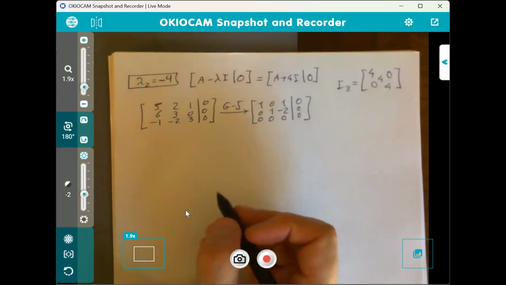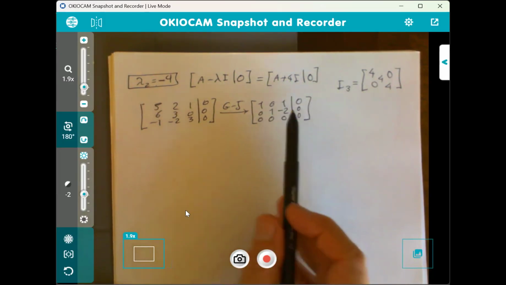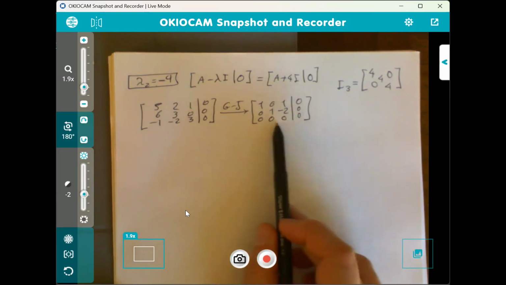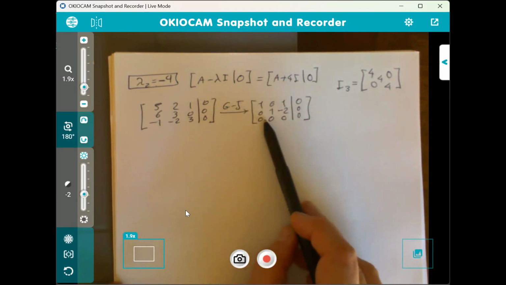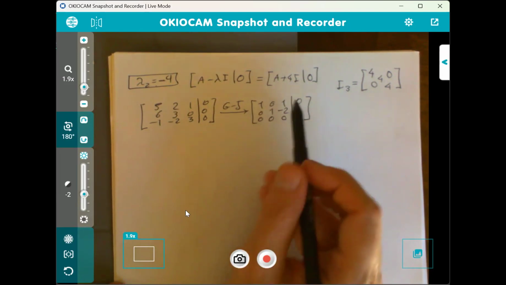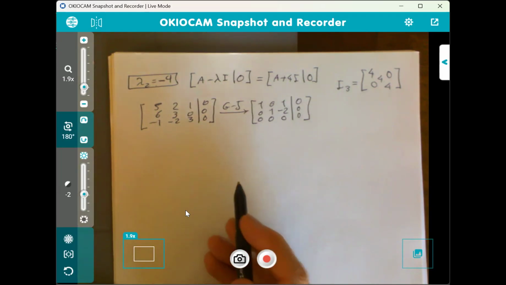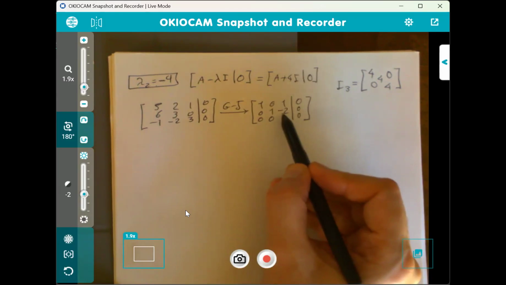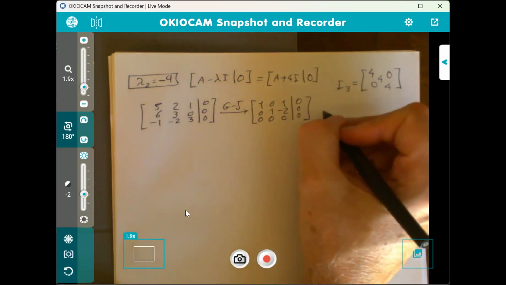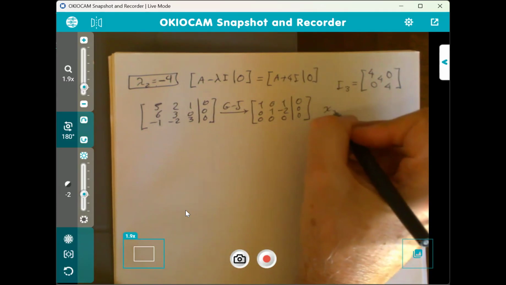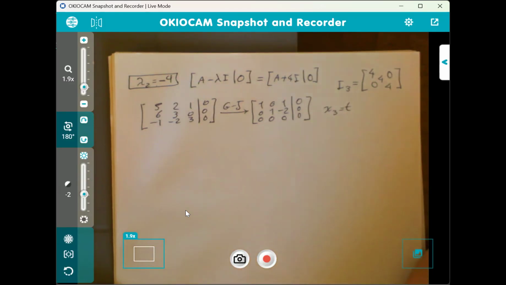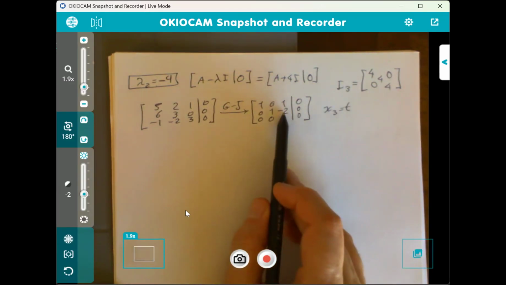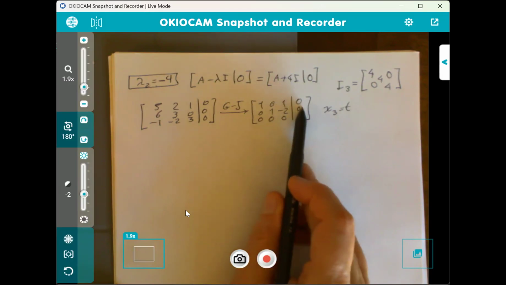So there's a matrix. And then from this, again, we have a row of zeros, right? So this system has infinitely many solutions. That means there are infinitely many eigenvectors for this one as well. Our free variable is going to be x sub 3. So x sub 3 is going to be t. Once we have that, for x sub 2, move -2 times x sub 3 to the other side.